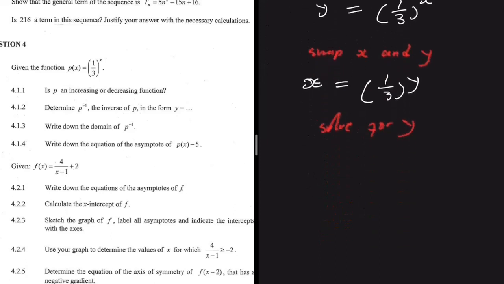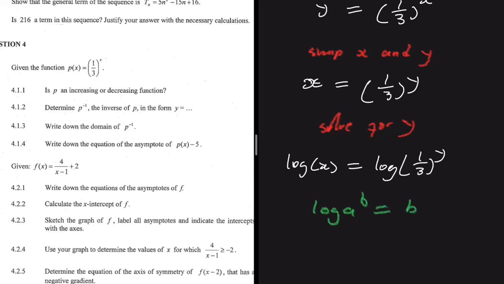So how are we going to possibly do that, right? y is up here. We have to bring it down by introducing log on both sides, right? So we're going to have log of x being equal to log of 1 divided by 3 to the y. Now you just have to recall that under log laws, log of a to the b is equal to b multiplied by log of a.